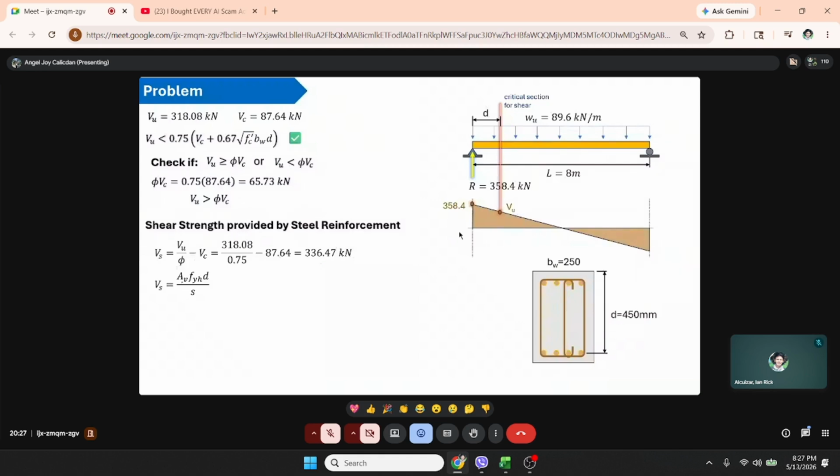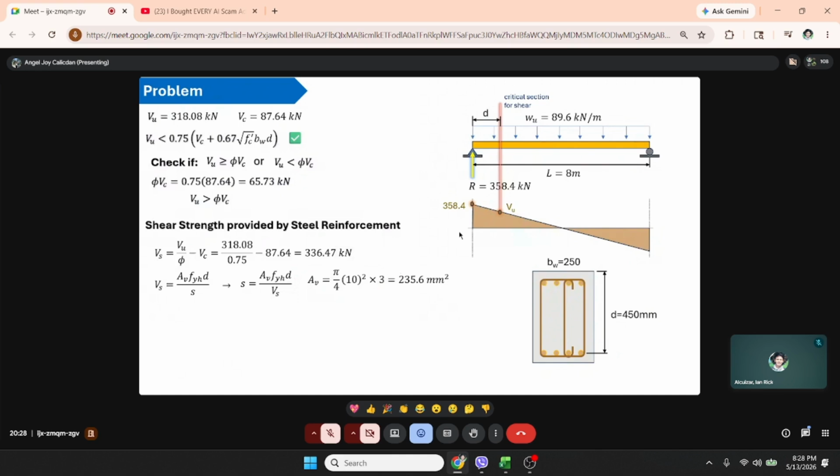And from the code, the formula of VS is AV FYT D over S. Rearranging that to isolate S, we have S equals AV FYT D over VS. And AV is the area of the shear reinforcement.